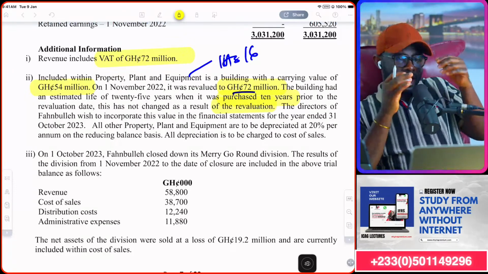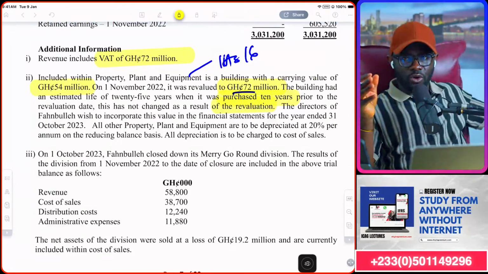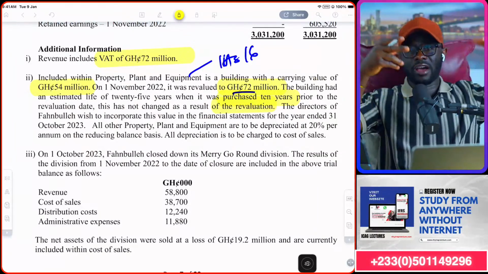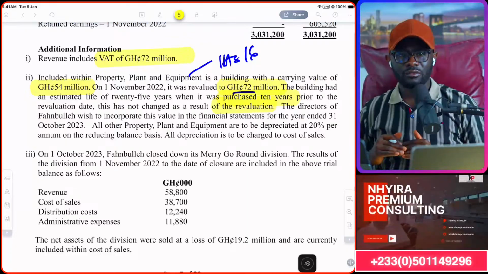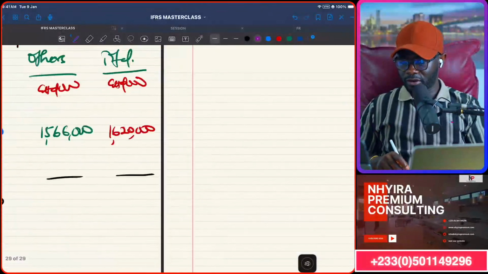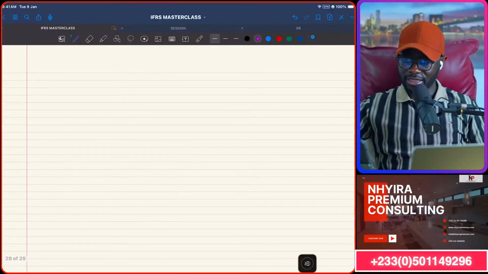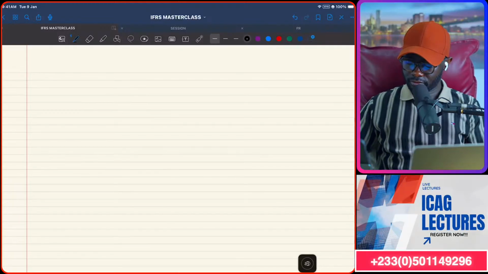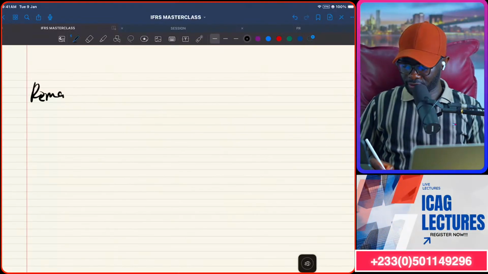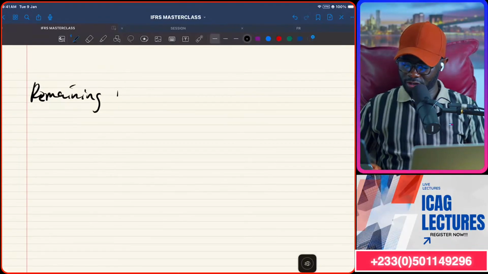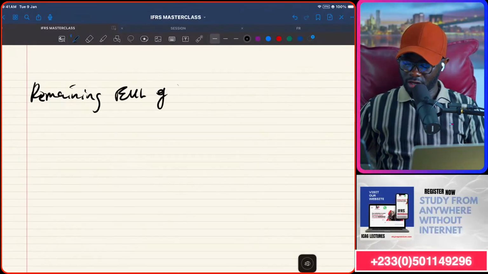So the asset was bought 10 years ago, had a life of 25 years. So at the date of the revaluation, what is the remaining useful life? The remaining useful life of the asset will definitely be 15 years. So remaining economic useful life of the building.